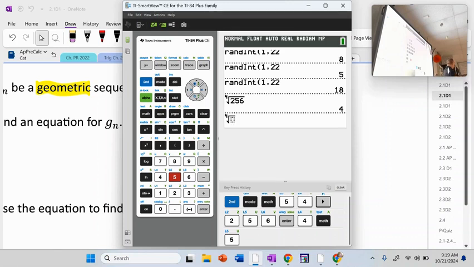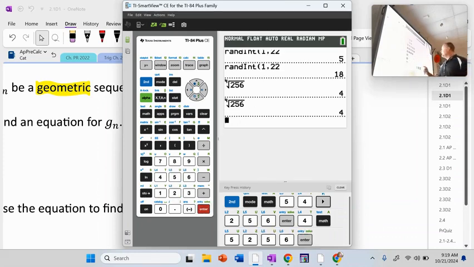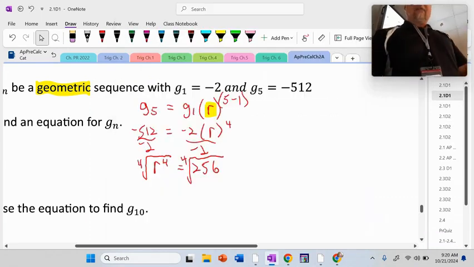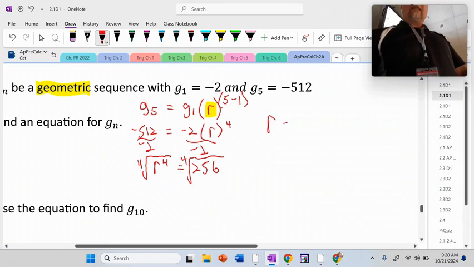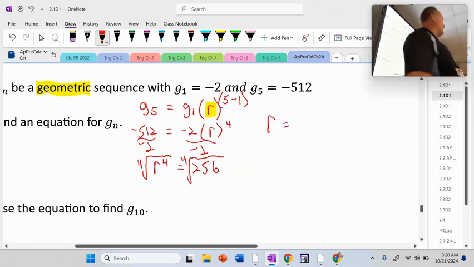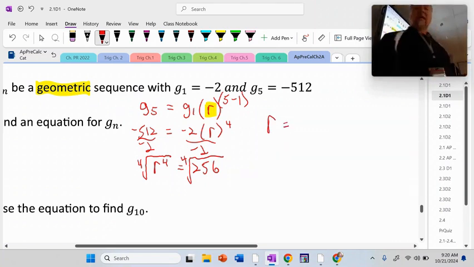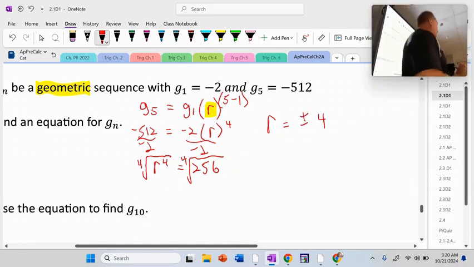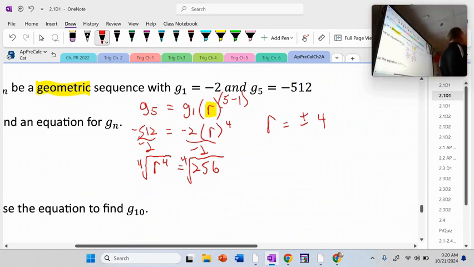Anyone with a TI-83 or 83 Plus, you'll have an x root button as long as the 4 is first, you're good. But here's a problem. And then we'll finish this off here. You know a negative times a negative times a negative times a negative is actually a positive, right? So it's actually plus minus 4, just like when we were square rooting. There's always a plus minus answer.